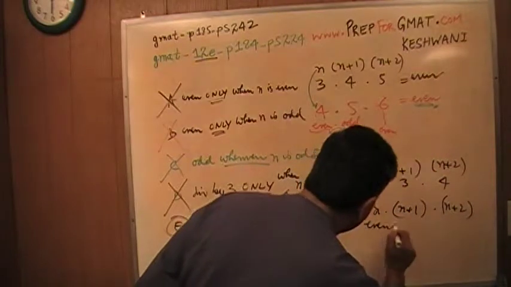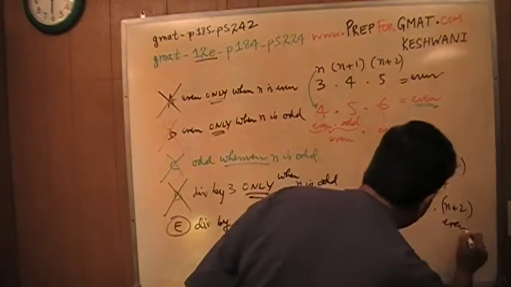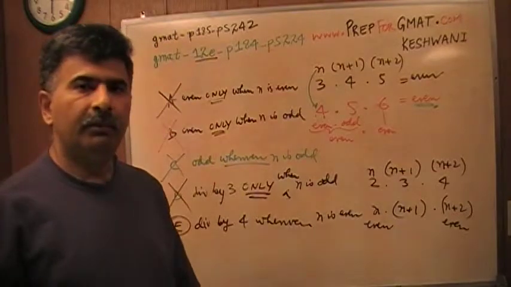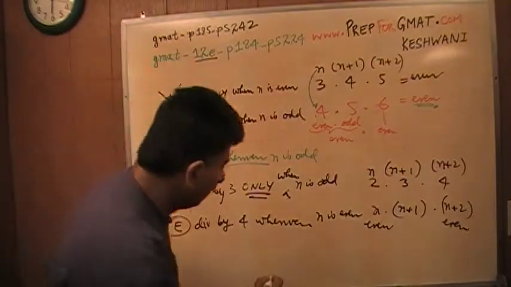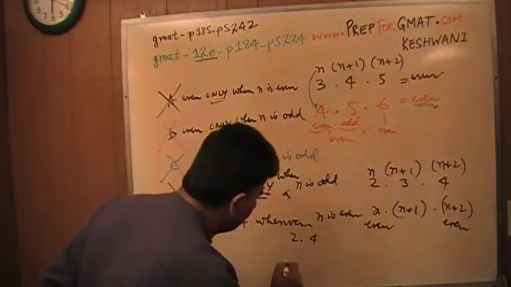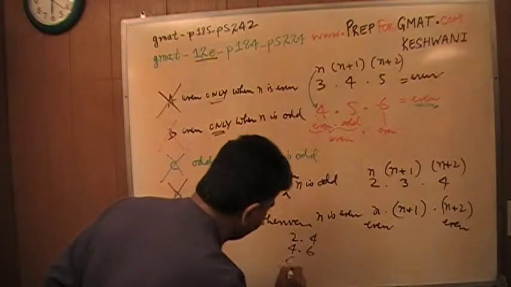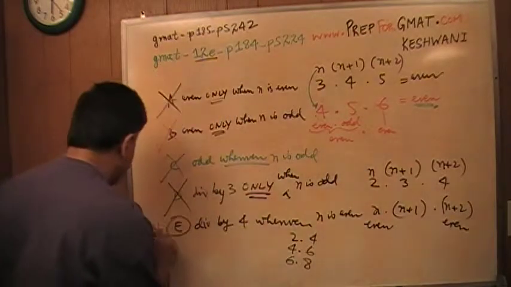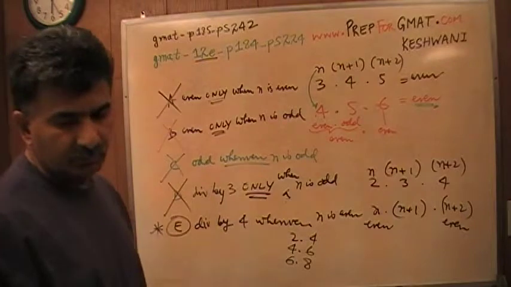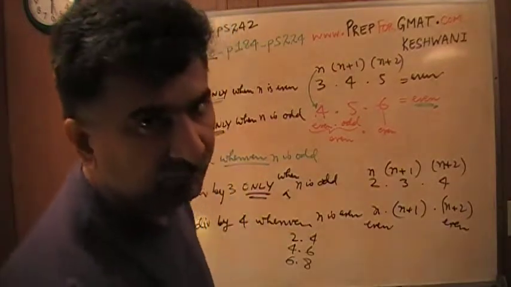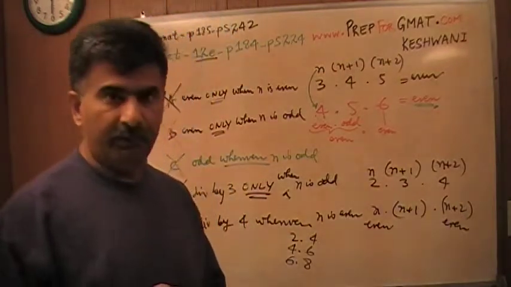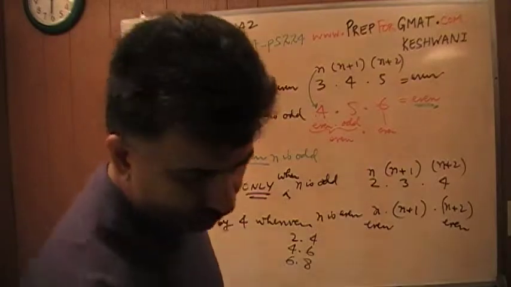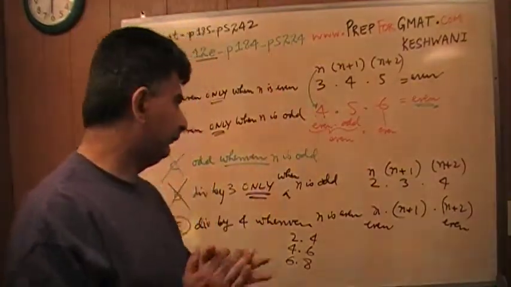If this guy is even, then this guy is even, and an even number times an even number has to go into 4. For example, 2 times 4 goes into 4, 4 times 6 goes into 4, 6 times 8 goes into 4. This is the answer. The quantity will have to go into 4. And of course this would have to be the answer because it's the only one left. I bloody well hope it's the answer because we've crossed out all the others.